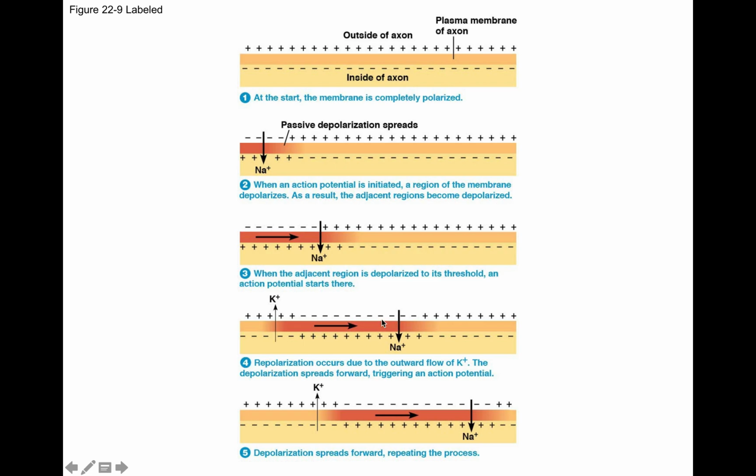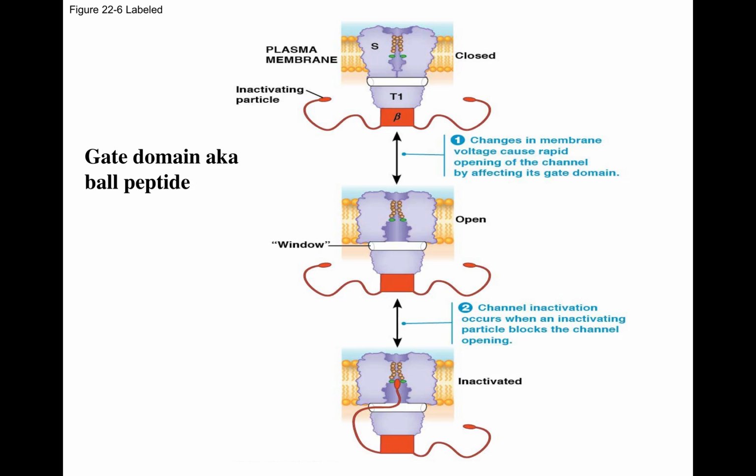And then that's going to respond to that voltage, and more sodium is going to come in, and so on. By the time the sodium channels down here are opening, these potassium channels are starting to open to repolarize this part of the cell, which got depolarized up here. So this is passive spreading of the signal down the membrane.